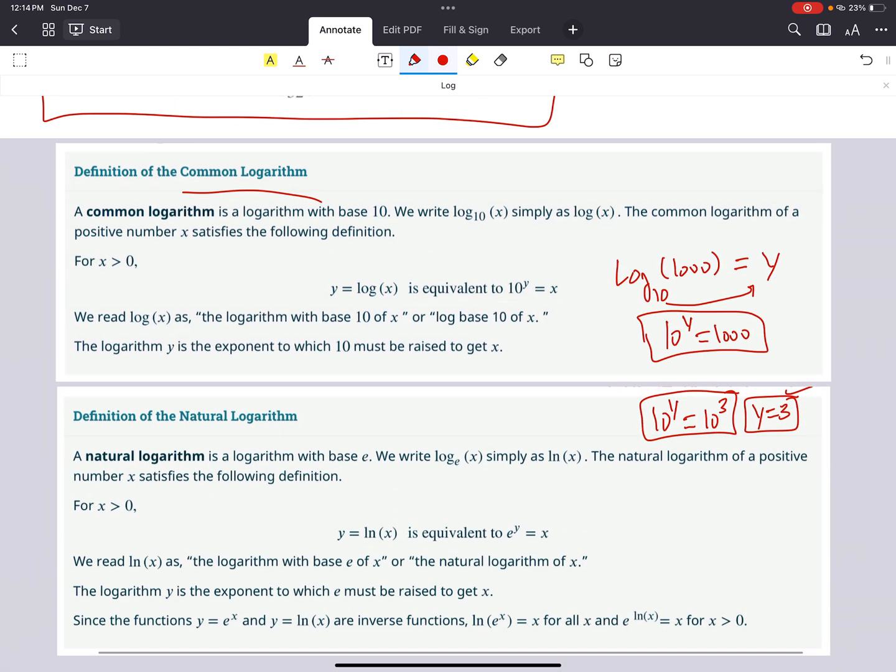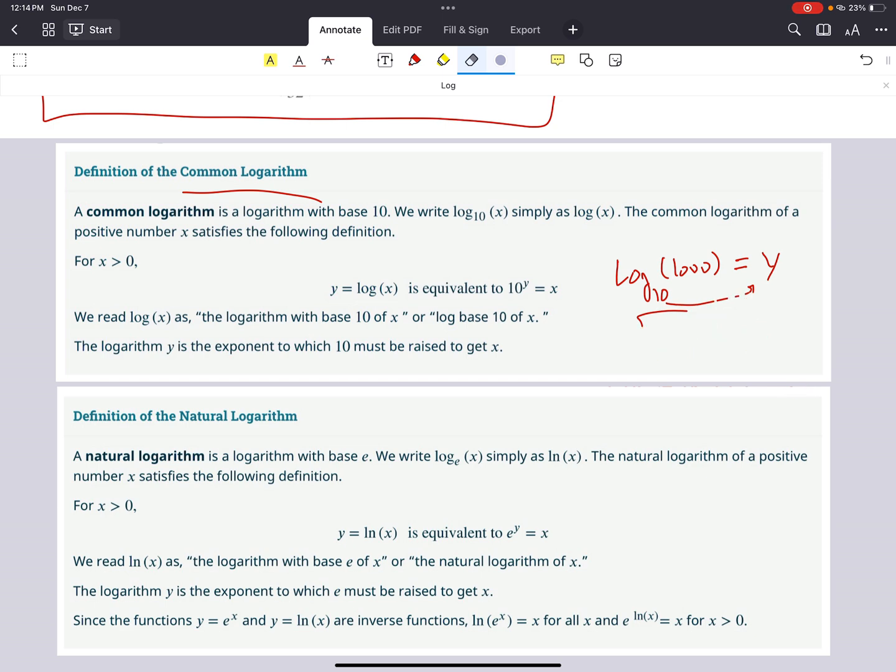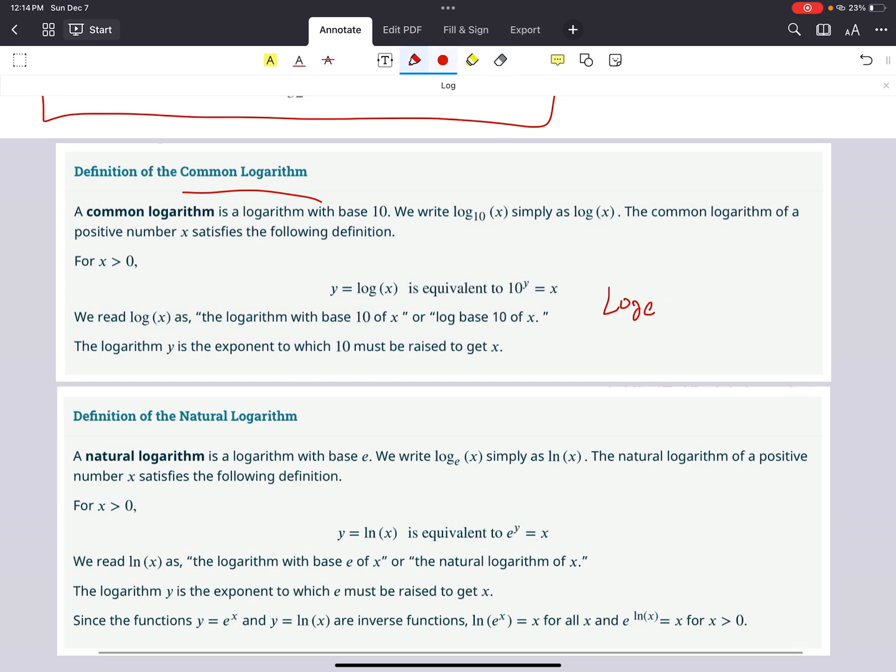Now, last but not least, let's say I have log of e. Well, e is a value, right? It's the exponential constant. If you type in the e constant on your calculator, I believe you get 2.7 and so on.